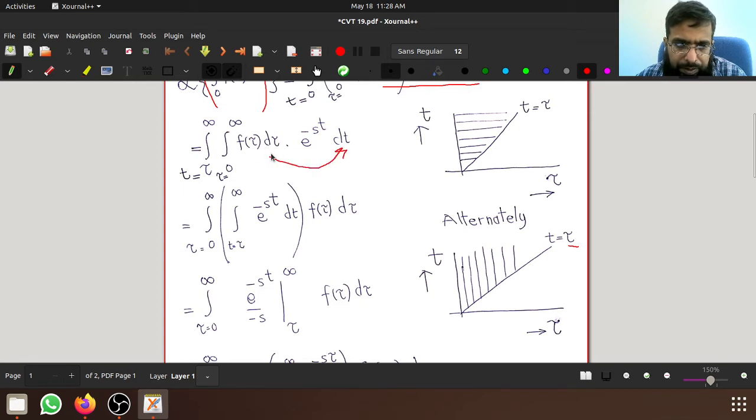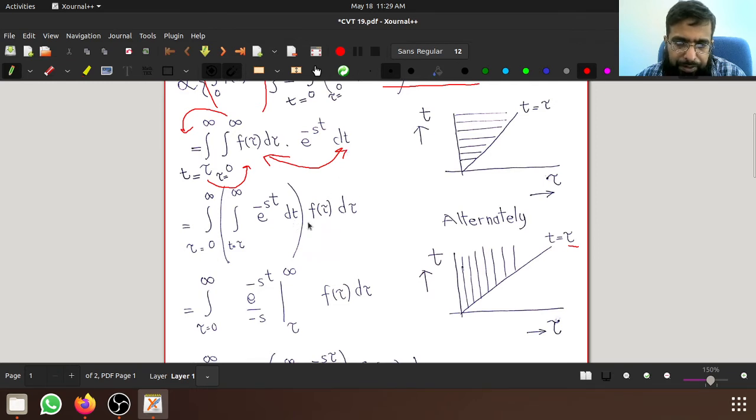right? So we have taken this inner integral out and this outer integral in. To do that, we'll have to interchange the position of these two, d tau and dt. This is what we have done here.